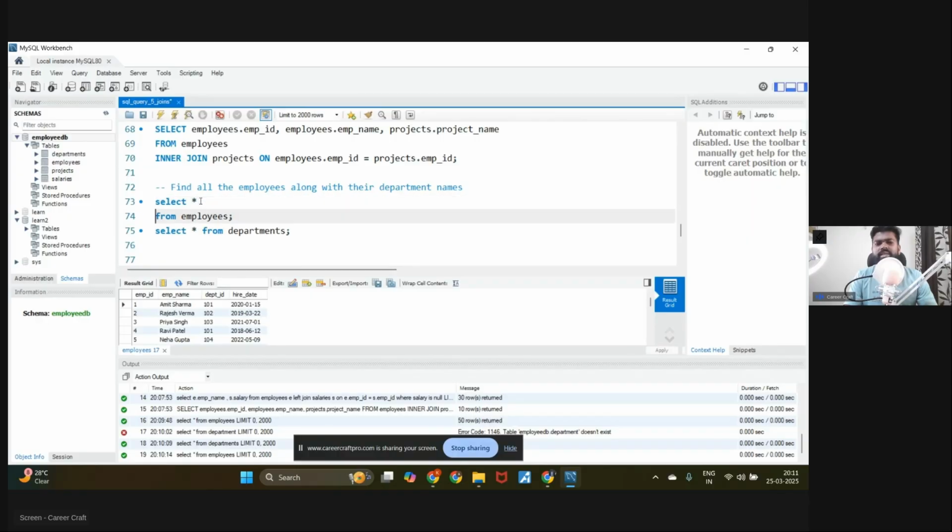Easy, right? Select asterisk from employees. Then what you have to do? Inner join. You don't need to write inner, you can just write join. Which table will you join?